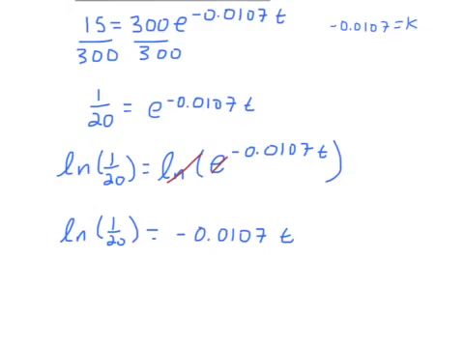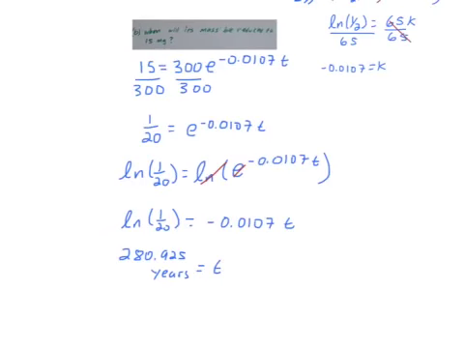So when you divide both sides by this k, my solution is going to be 280.925 years, and that's the answer for part B. As far as how long it's going to take for the mass to be reduced to 15 milligrams, it's 280.925 years. And so that's the video.